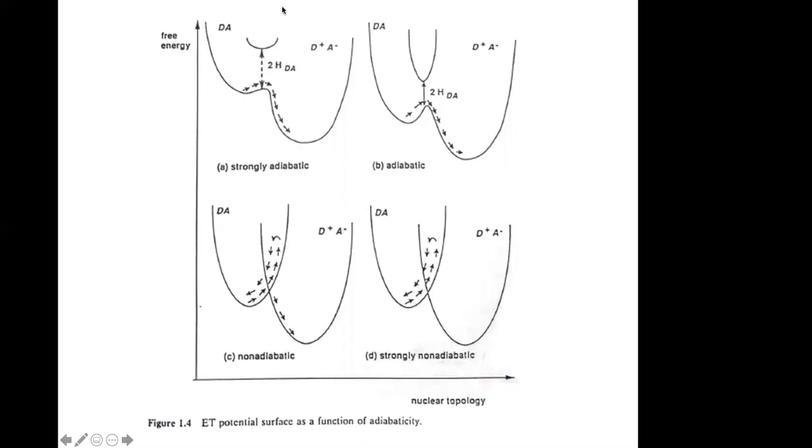So here you take the two parabolas, but once you reach this point, it's a non-crossing point. Remember when we were deriving electronic energy states for transition metal complexes, we came up with the non-crossing rule. That had to do with the fact that when you get close in energy, if you have good overlap, then you have coupling that leads to opening up this gap, and there's no crossing of the energy states.